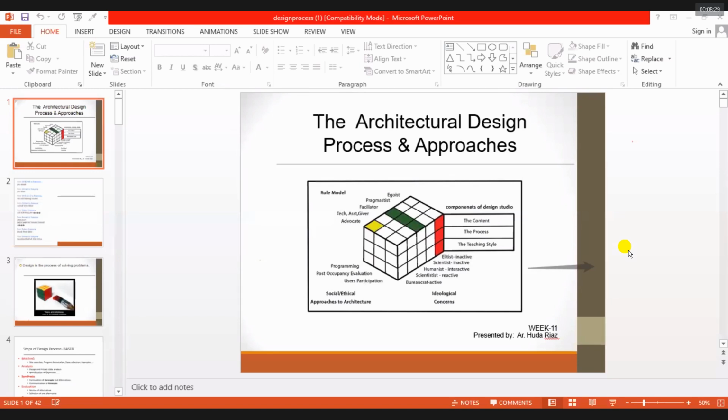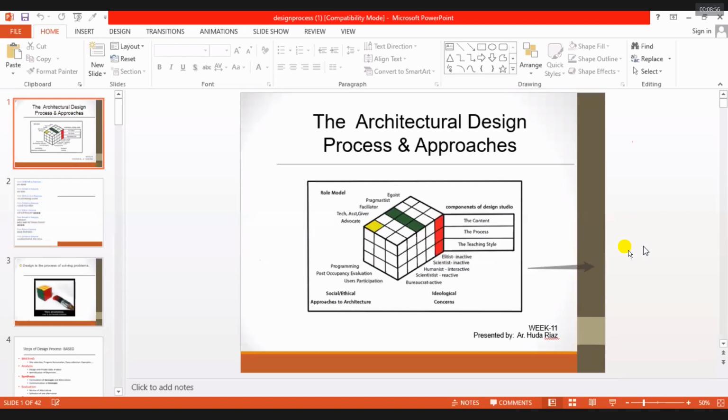For example, if you are building your house on a sea front, your approach could be to take inspiration from aquatic life, like a sea animal, a fish could be one of them, or you can take inspiration from seashells.